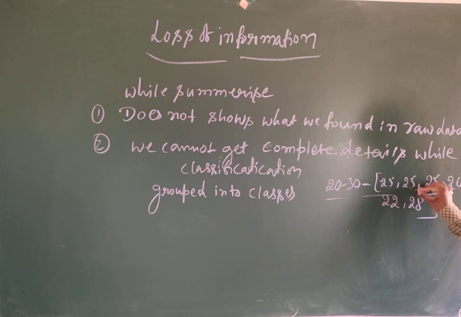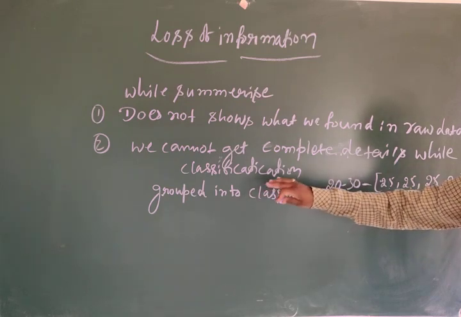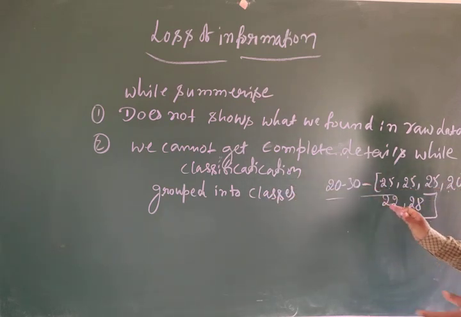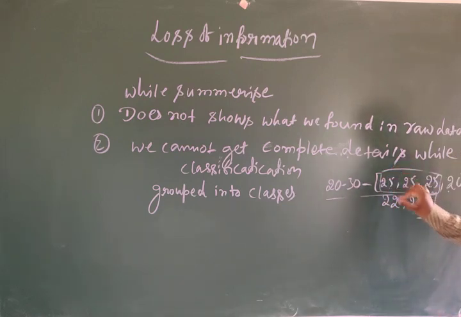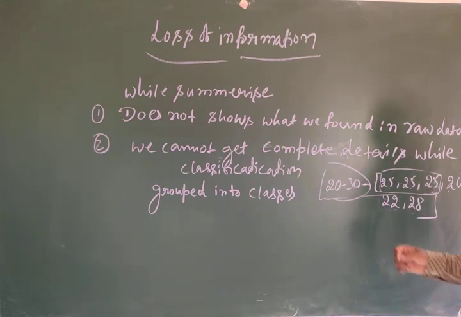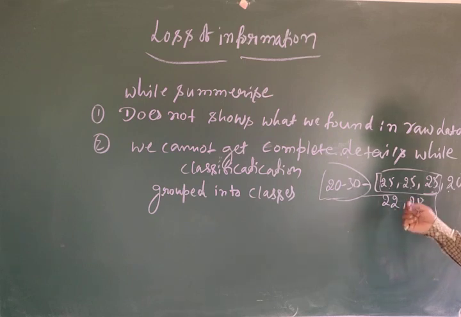It is not helpful for further statistical calculation, which means there is no importance for it. Why? Because once the data is grouped into classes, the values nearby, like 25, are all treated as equal, since they all become part of the class 20 to 30. That's why there is no importance of each individual observation for further statistical calculation.